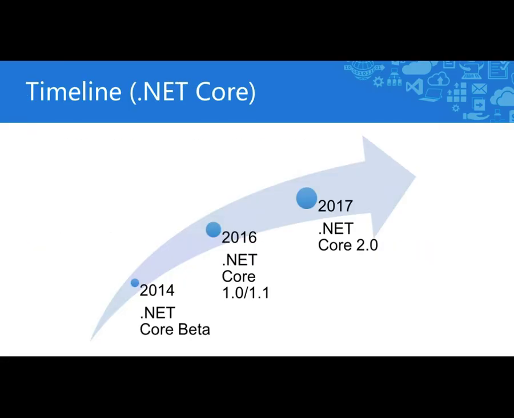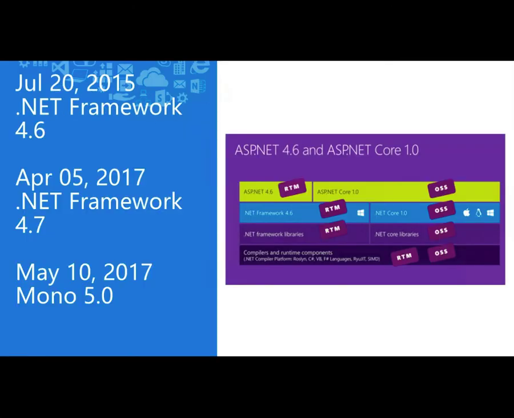That's amazing, and Microsoft worked hard to create .NET Core 1.0 and 1.1 in 2016, and last year they shipped .NET Core 2.0. And also, both .NET Framework and Mono have been upgraded to be compatible with .NET Core, right?